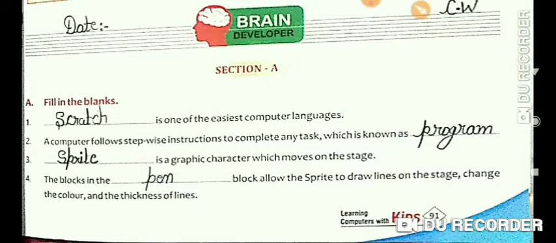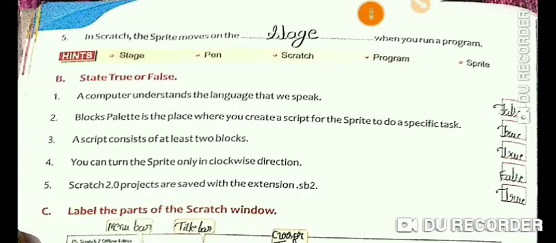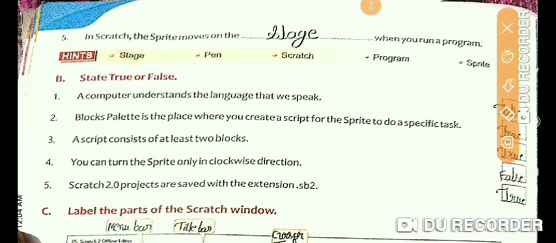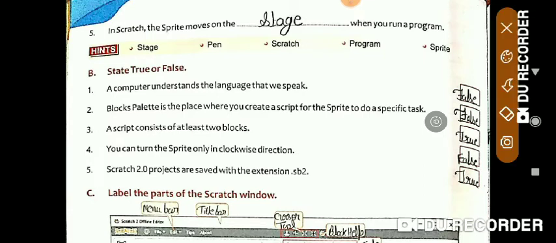Okay, then come to the next page. Next one, fifth filler. In Scratch, the sprite moves on the stage when you run a program. So now state true or false. Okay, number 1, a computer understands the language that we speak, false.